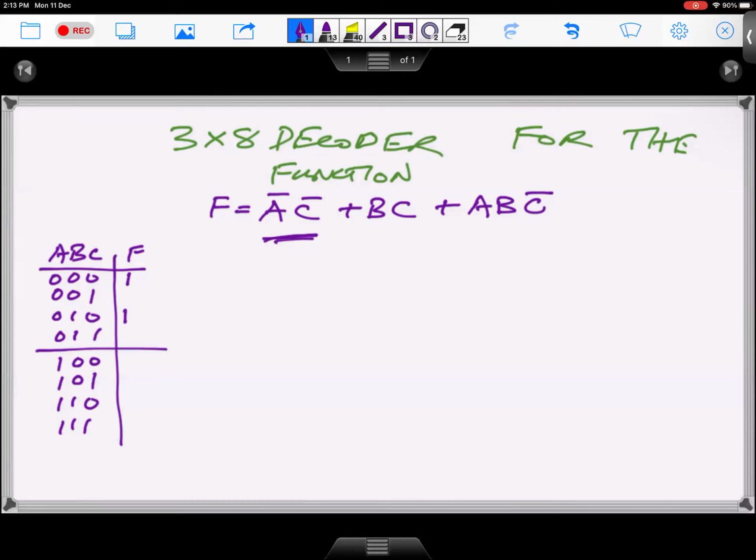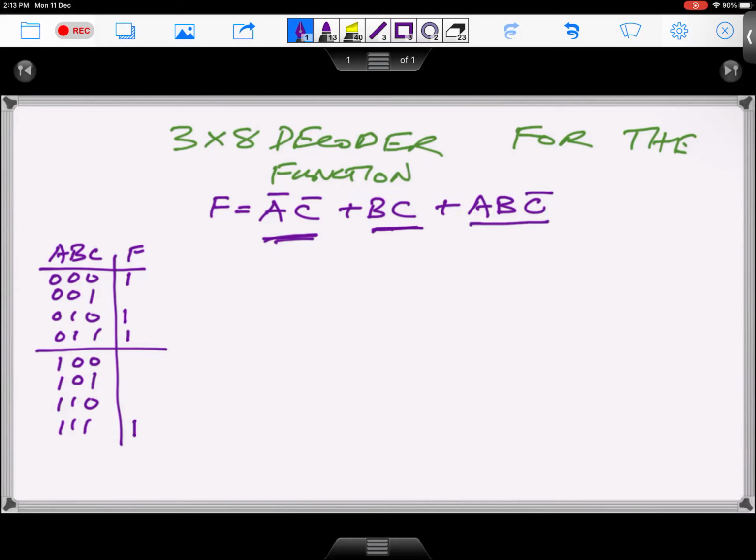The second term tells us that wherever B and C are both 1, we are going to get the function as a 1. So that would happen here and here.